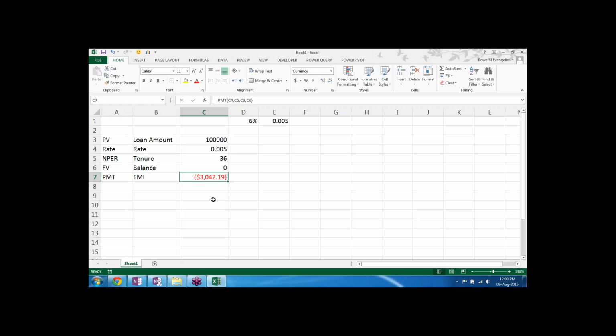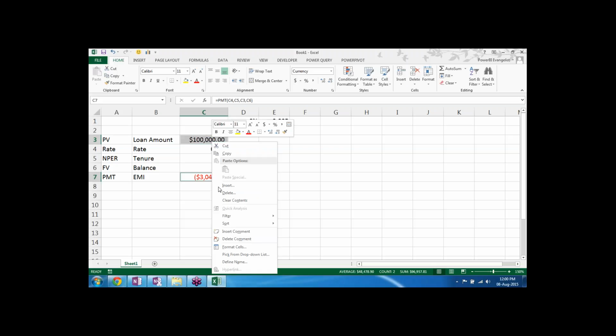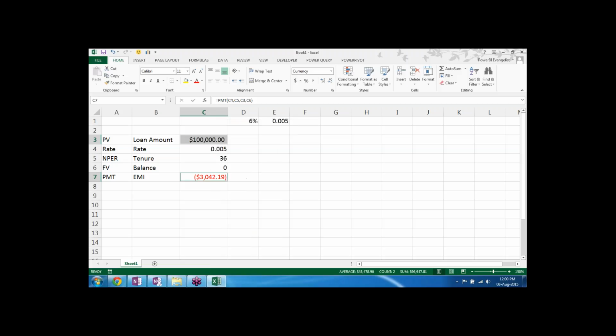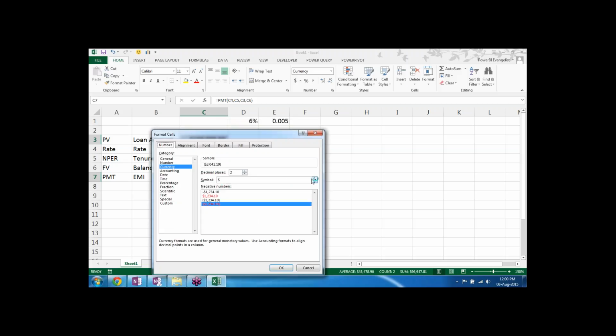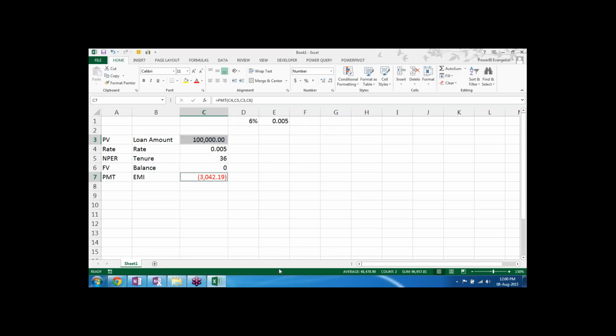We don't say minus anywhere. Similarly for this amount also. Now we don't want to show this dollar sign, let's say. So we can right click and say Format Cells and we can remove the dollar sign. If you come to this Format Cells, you can see how these negative signs and financial terms are coming.